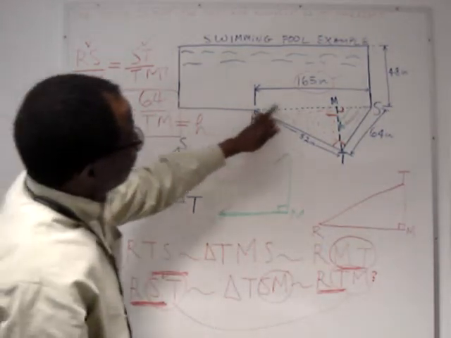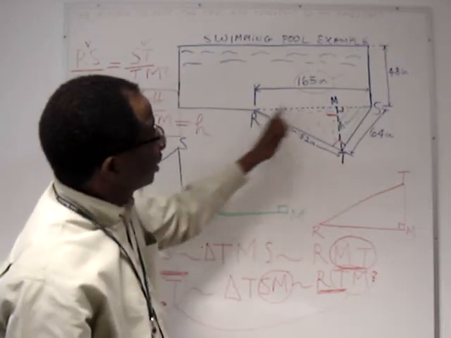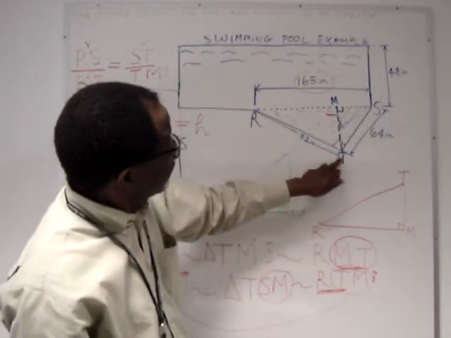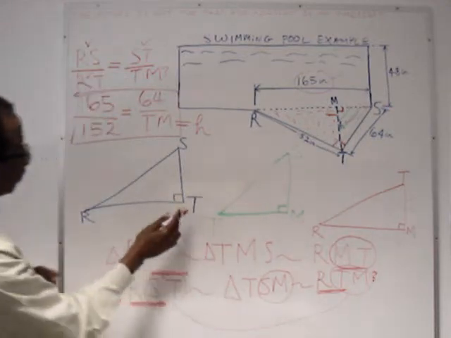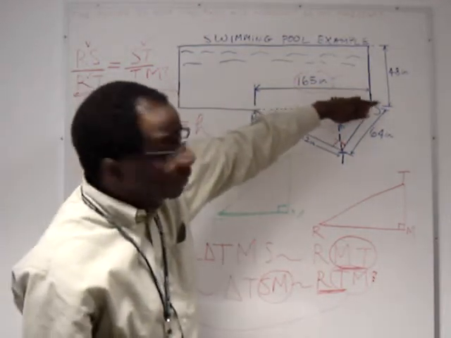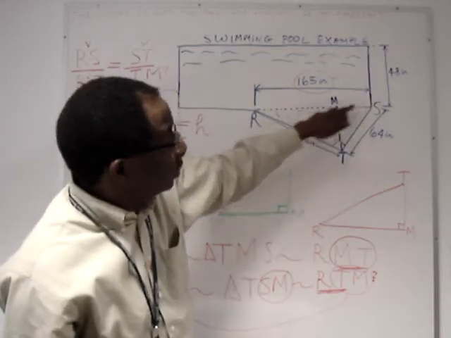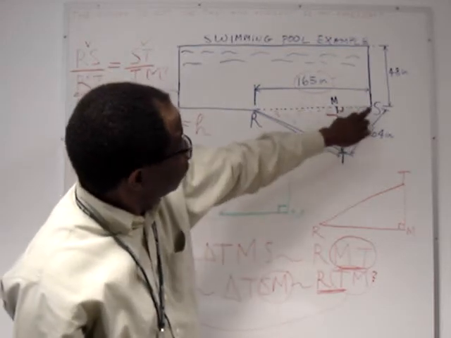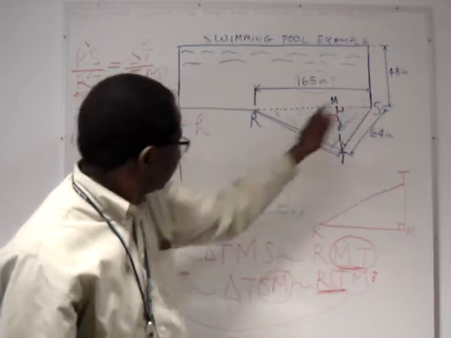In the case of the original triangle, the short leg is ST, so we make that here. In the case of the smaller of the two new triangles, the short leg is SM.